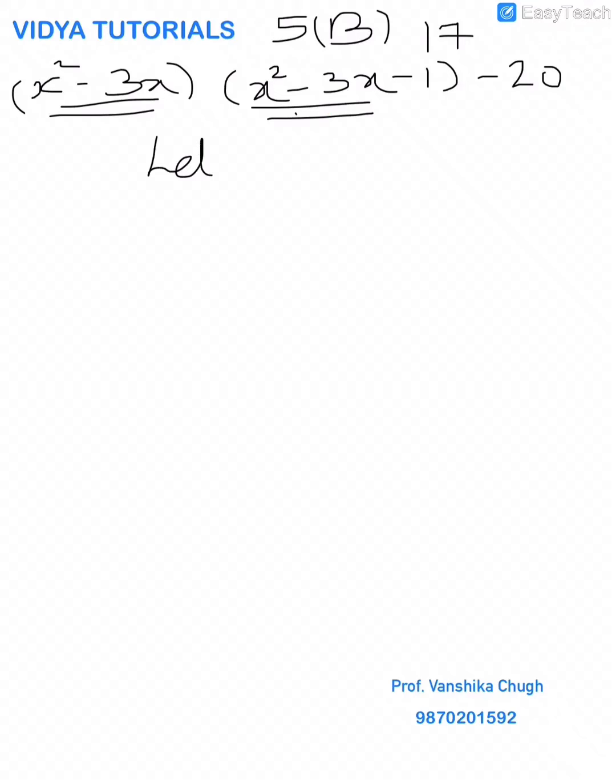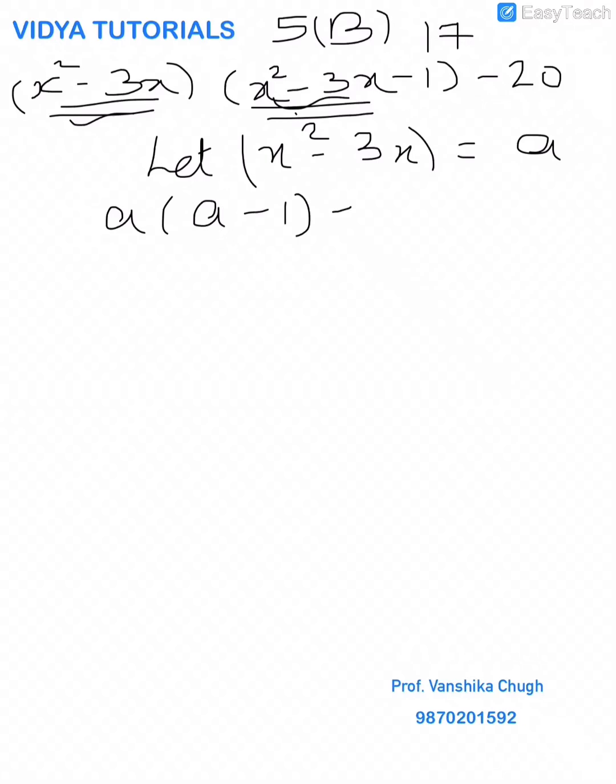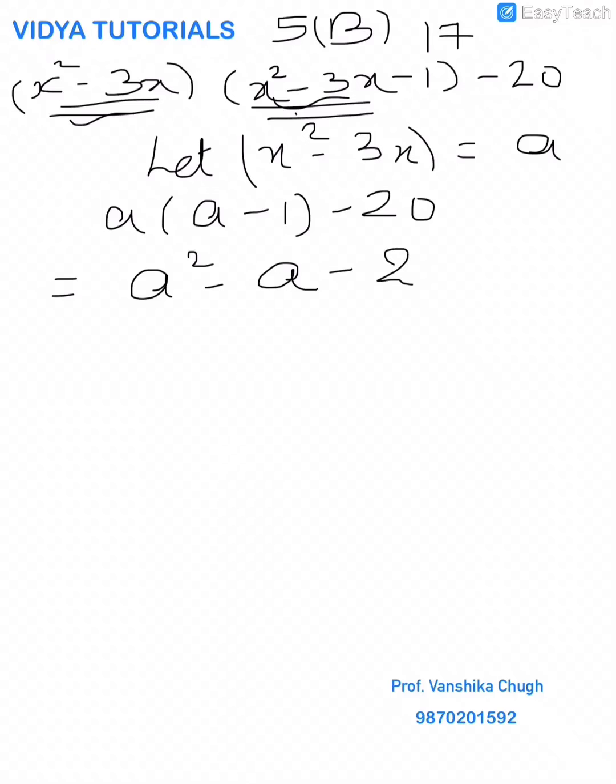So let x square minus 3x be equal to a. I get here, I will write a, and instead of this also I will write a minus 1 minus 20. So on multiplying I get a square minus a minus 20.